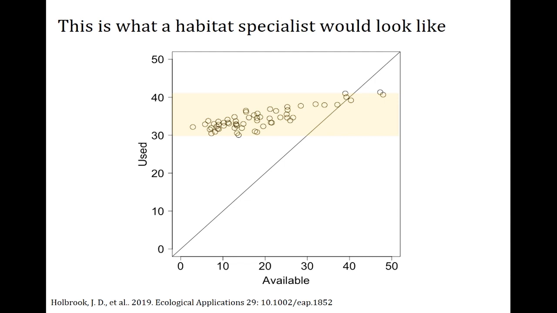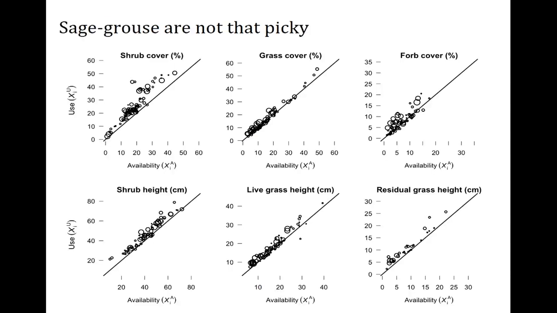That's what a habitat specialist would look like. And it turns out sage-grouse don't really look like that for any of these variables that are commonly measured and reported. There's some selection going on for certain, especially for shrub cover and shrub height, but they're essentially using places that are a little bit shrubbier than average, but look almost identical to the surrounding habitat, no matter where they are.